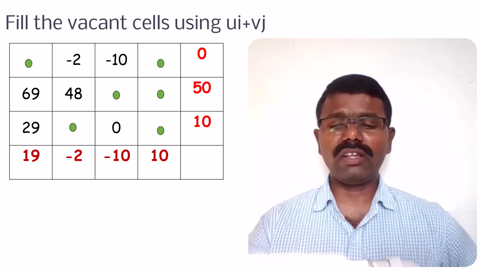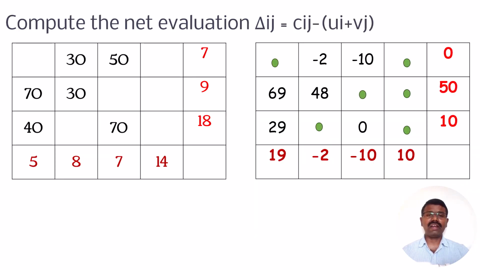Then after you get these ui plus vj values, now you calculate delta ij. Delta ij is equal to Cij minus (ui plus vj). The ui plus vj table is this, which we got in the previous slide. And Cij is nothing but the initial cost matrix.